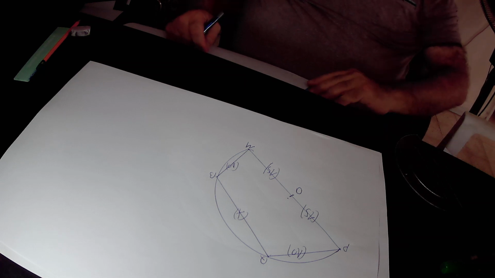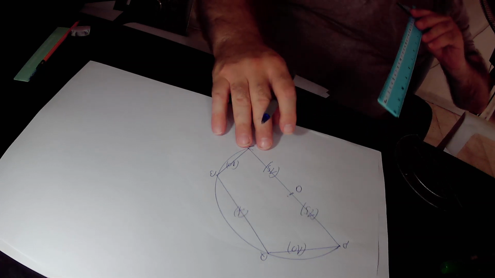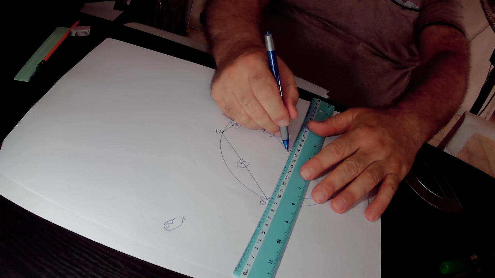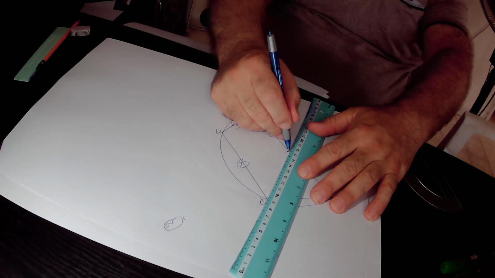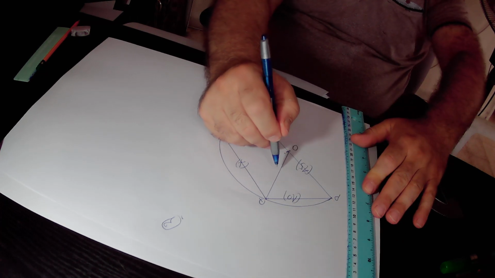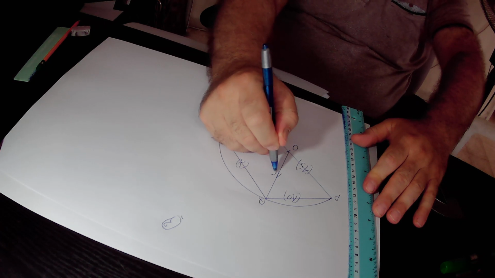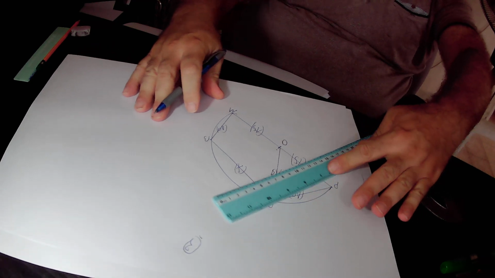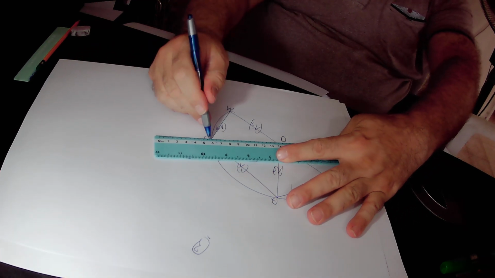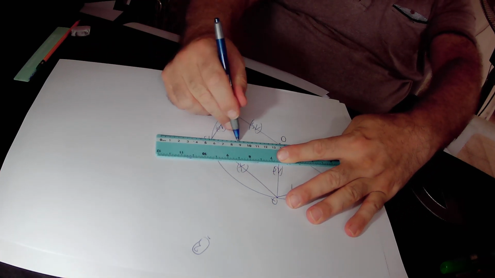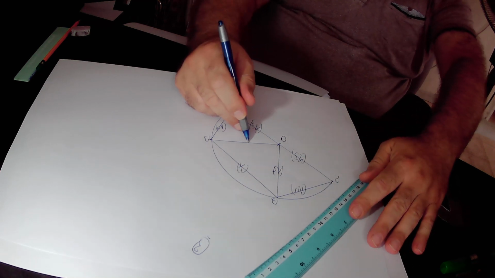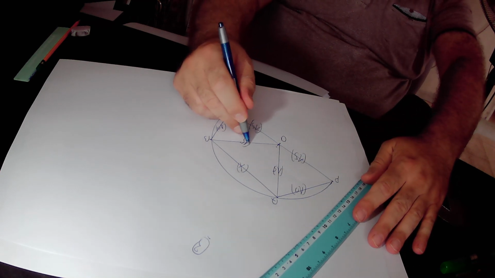So in the next step, we will join points O and Q together by a straight line. OQ is of course the radius of this semicircle, that is equal to 15. We join points O and B together by a straight line. OB is also the radius of this semicircle, that is equal to 15 units in its length.